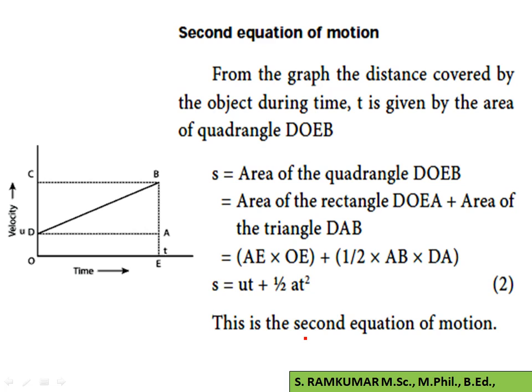Second equation of motion. From the graph, the distance covered by the object during time t is given by the area of quadrangle DOEB.